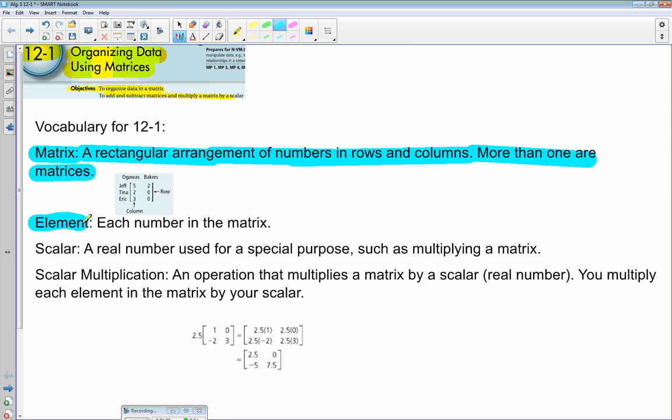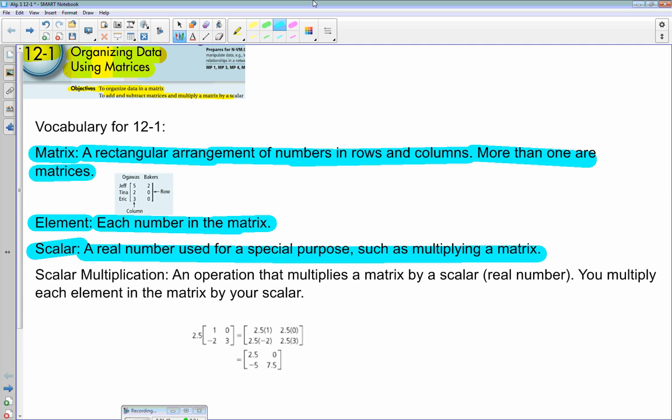An element is each item in the matrix. A scalar is a real number used for a special purpose, and in this section we're going to use it to multiply a matrix.